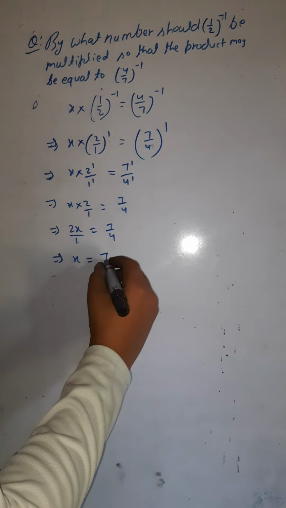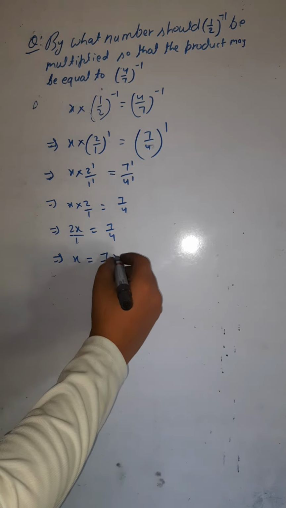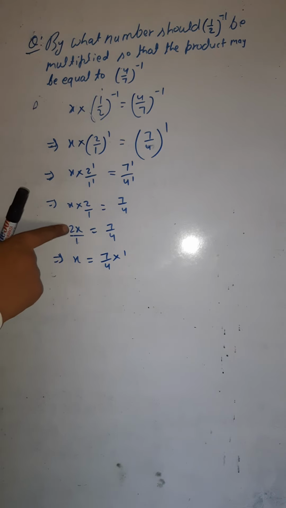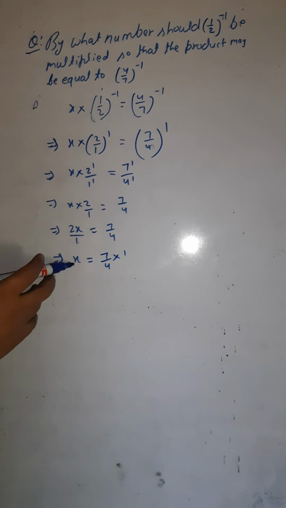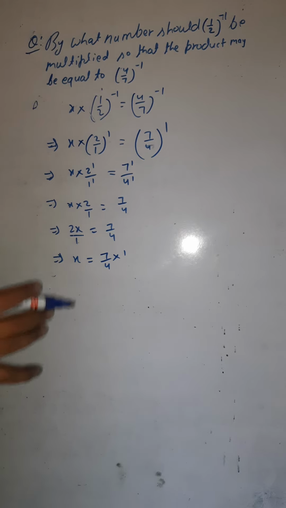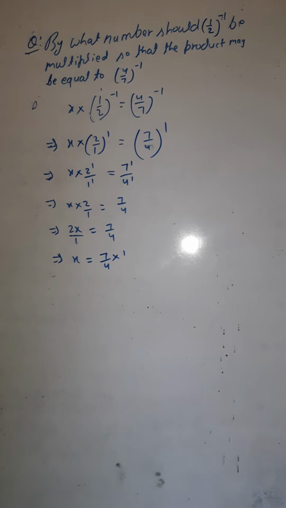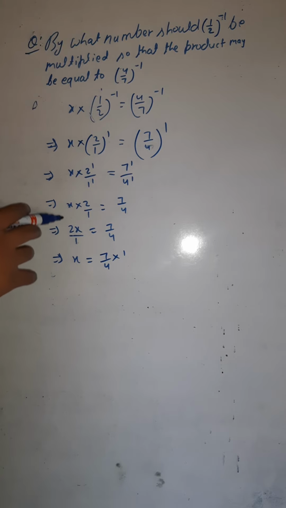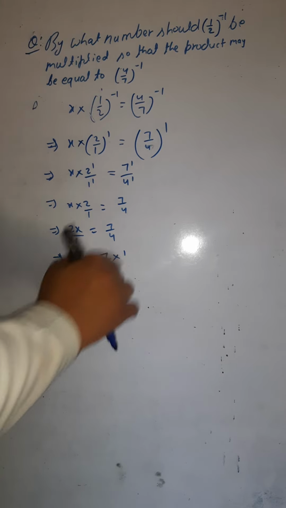So you would write like this, 7 by 4 multiplied by 1. Whatever is there with the x, all these are to be carried there.